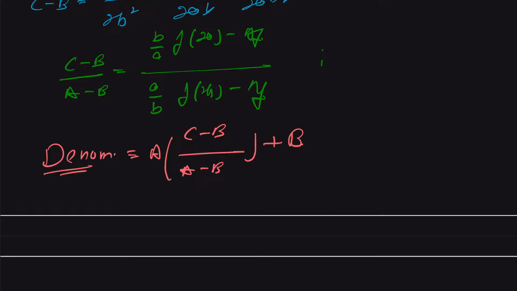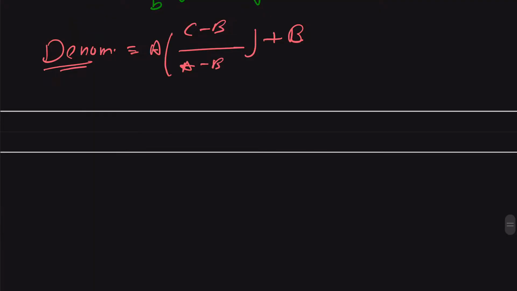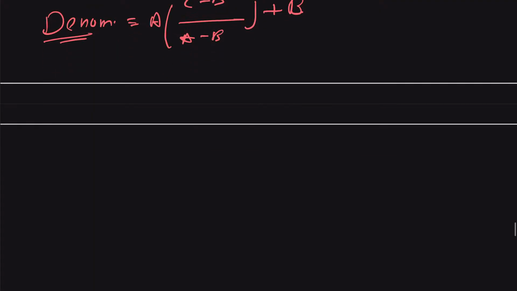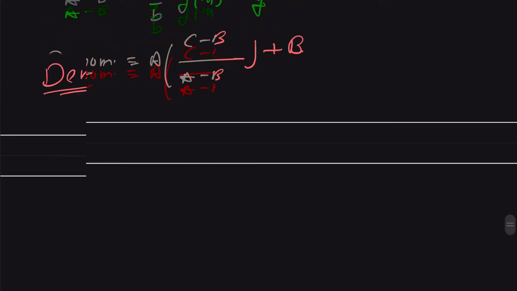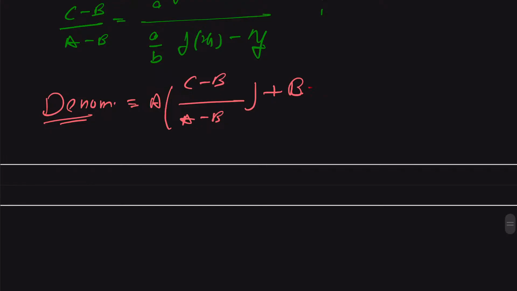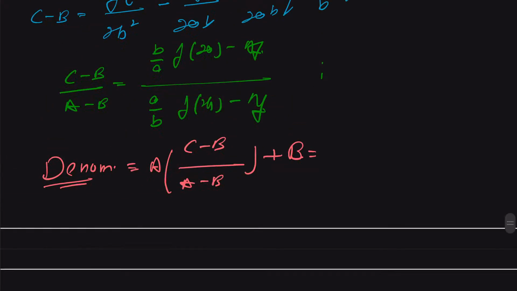So we simply substitute all the values. And so we get this denominator will be equal to our 1 upon twice ab, and let me write it separately.